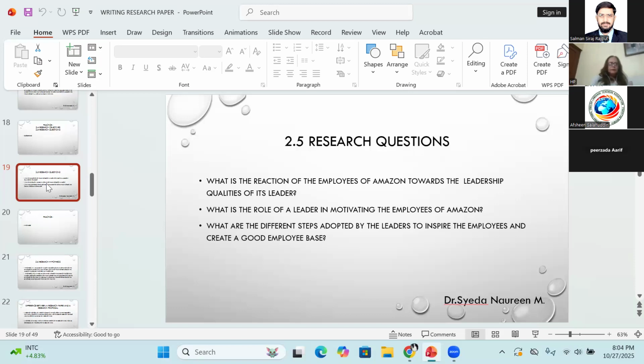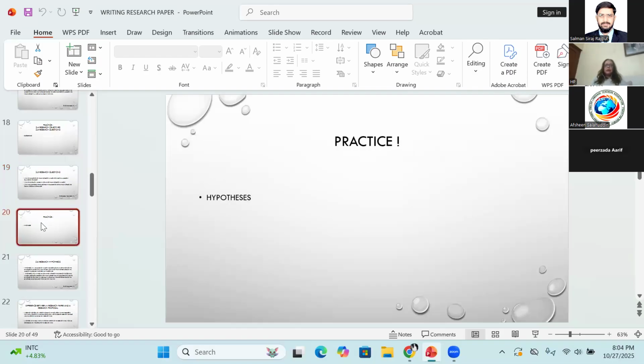So that is related to the topic I showed you earlier. Again, you have to practice. You have to develop an alignment between the researcher's objectives and the research question because they reflect on each other.